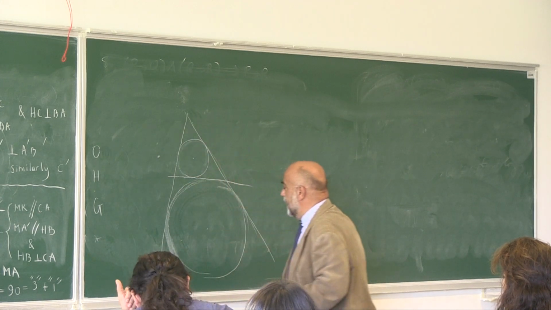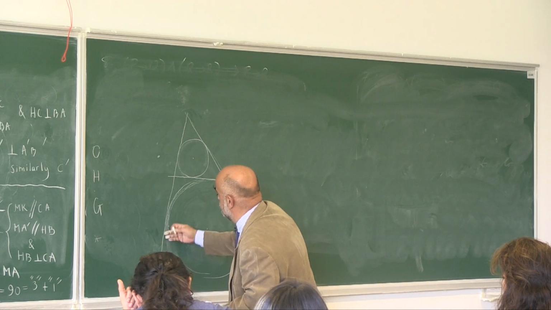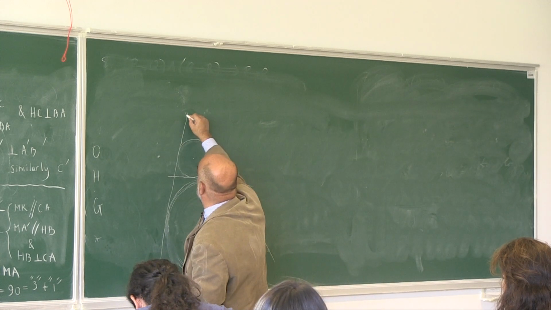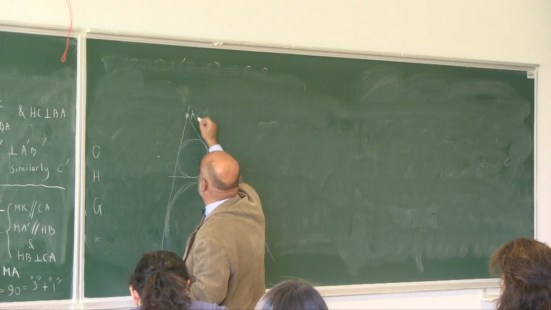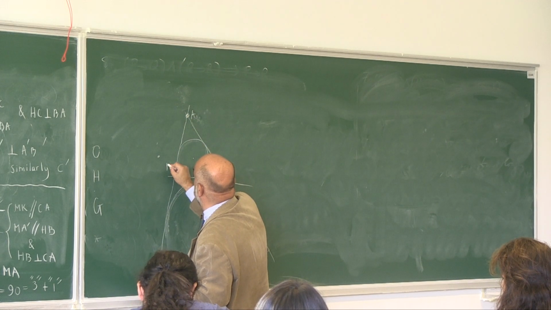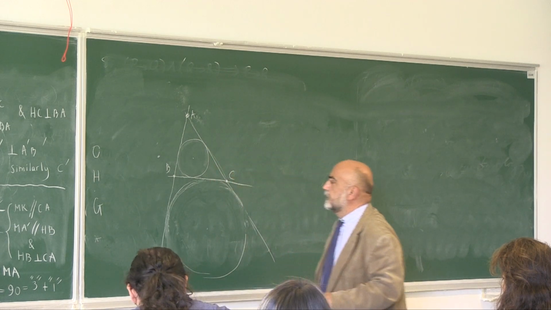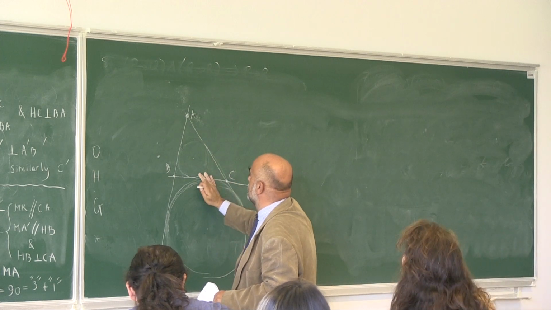Actually, what I wanted to do was not to draw these circles, but to talk about the triangle itself. So let's say, take a triangle A, B, C like this. Let me get rid of these circles.